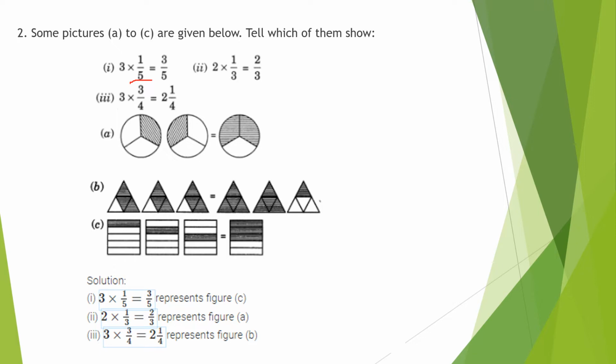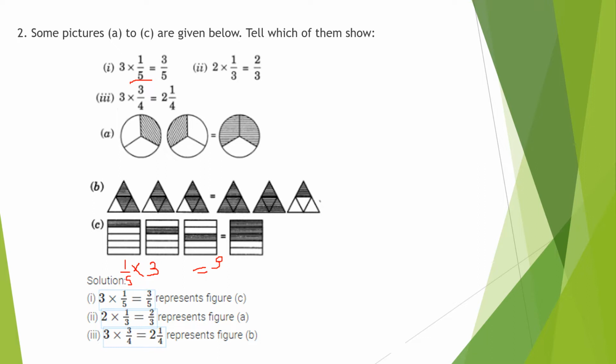See here there are 5 parts out of which one is shaded. So this represents the fraction 1 by 5. How many are here? Yes, there are 3 such rectangles. So the answer will be a rectangle with 5 parts out of which 3 are shaded.